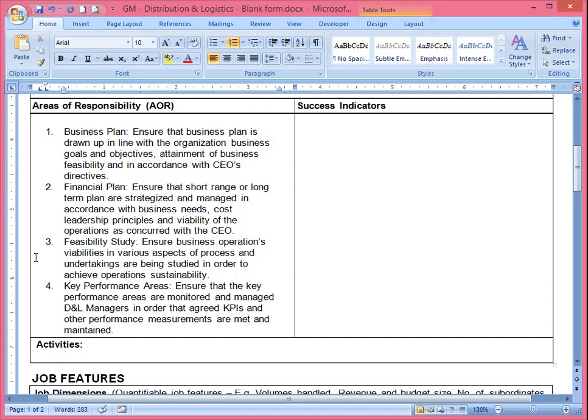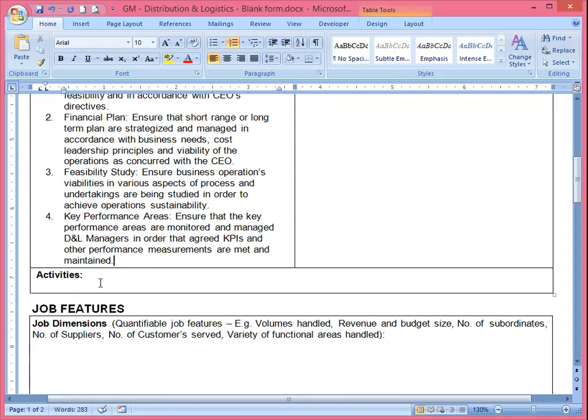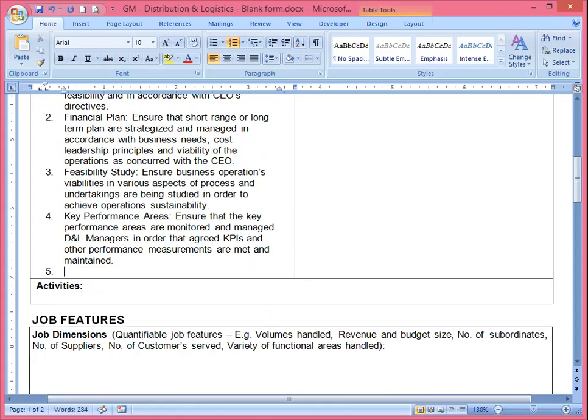What other area? Of course, the distribution and logistics resources, or let's just say DNL resources, to make it short. It's his responsibility to make sure that all of these resources, which are entrusted to him by the CEO or the board of directors, are managed.